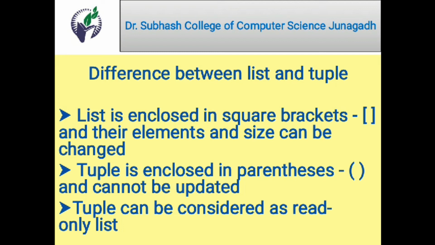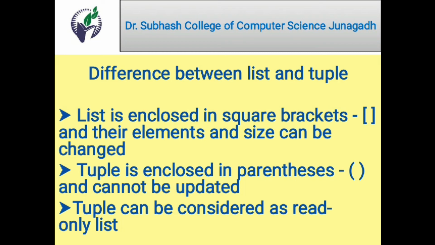But a tuple is enclosed in parentheses, that is, in a pair of parentheses, and it cannot be updated. It is not possible to change the size of the tuple, not possible to add an element to the tuple, not possible to remove an element from the tuple, and not possible to update an element of the tuple.